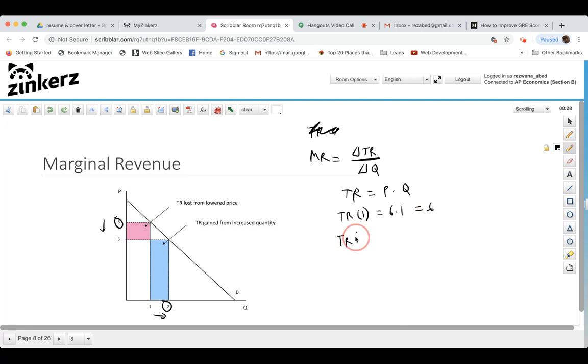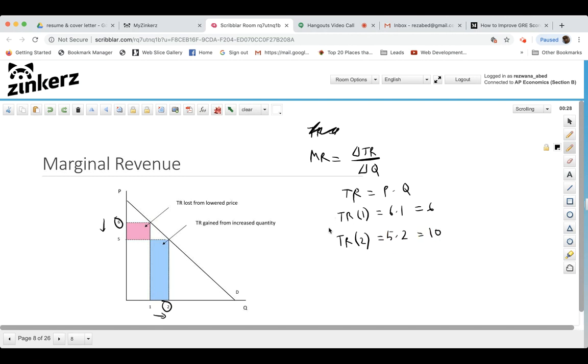And what about if I sell 2? 5. 10. Frida, why is it not 5? Because if you lower your price to 5, how many are you selling? 2. 2, right? So it's 5 times 2. Oh, so it's 5 times 2, which is 10.